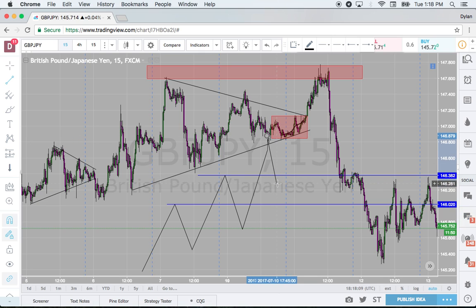He sees that bounce from that breakout of this resistance create a support and then continue that uptrend.